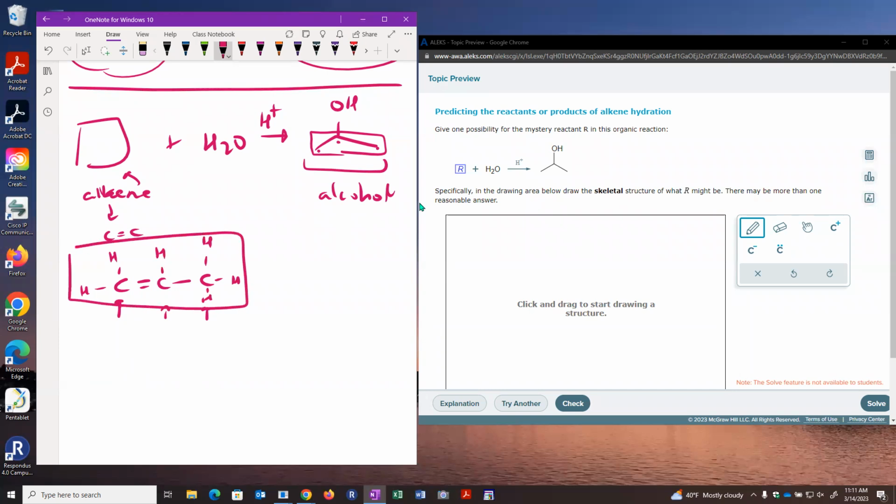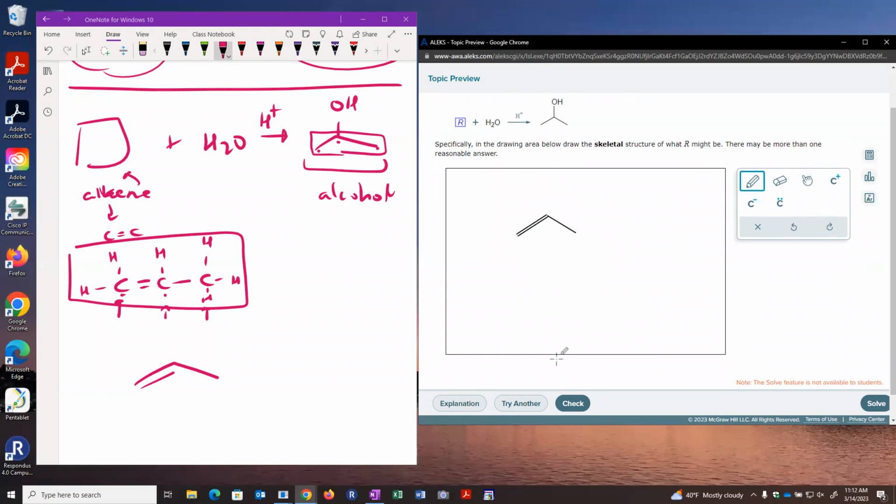And if I want to draw the skeletal structure for this, well, I have 1, 2, 3 carbons, and a double bond there. And that's it. So if I draw my reactant, you got 1, 2, 3. I'm going to add a second bond.